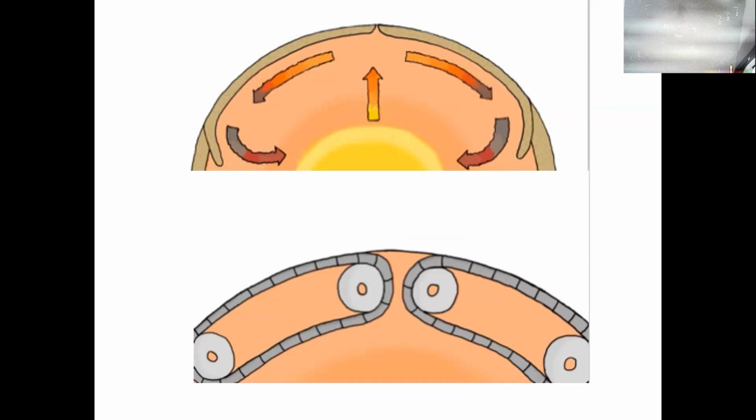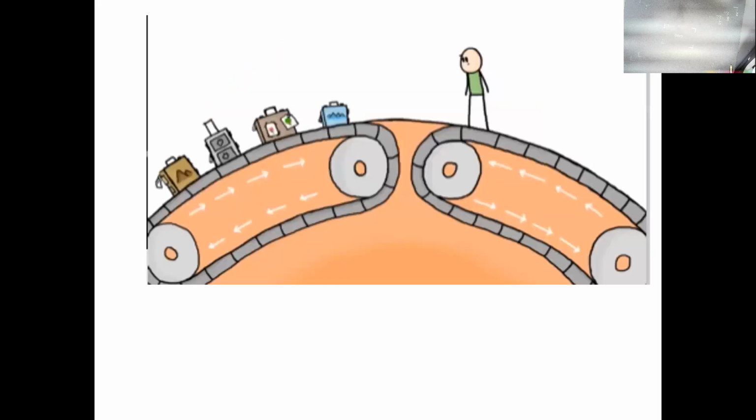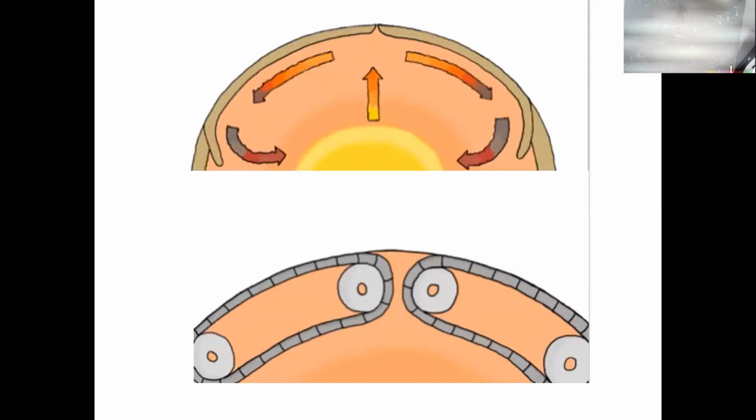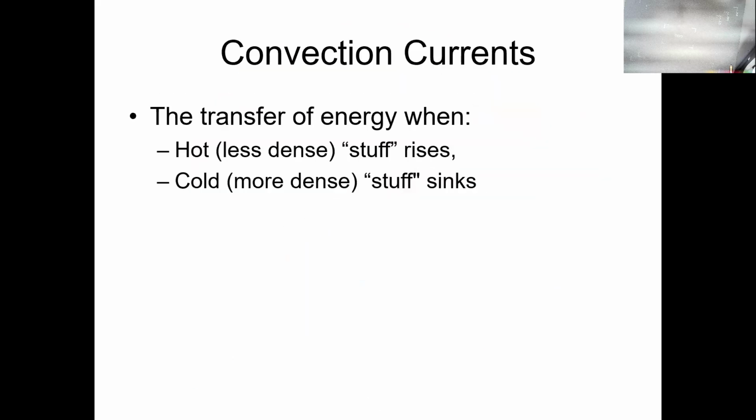So if the convection currents are rising and going out like this picture is showing, the conveyor belt's going to behave the same way. So that conveyor belt, oh, and now I switched it here. Sorry, so in this picture, the conveyor belt will be moving out from the center here and the continents would be spreading apart.